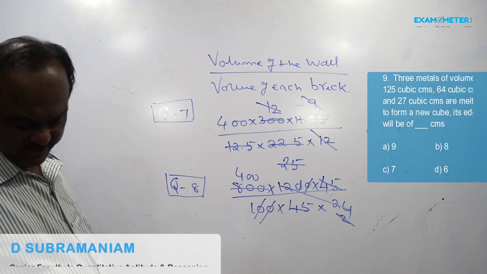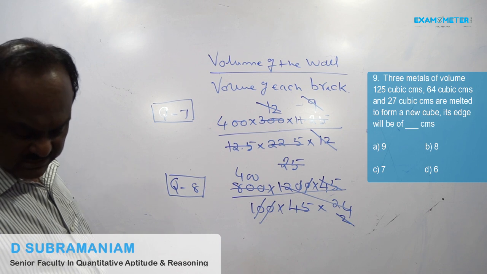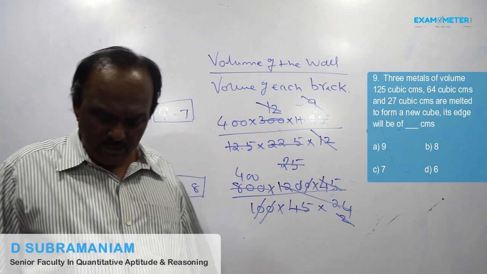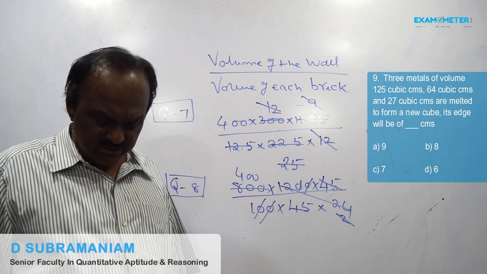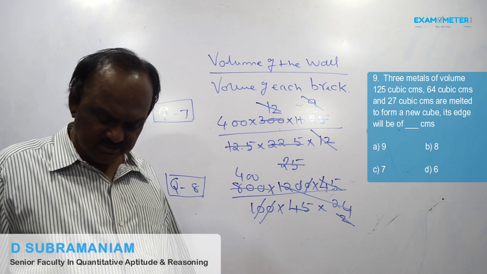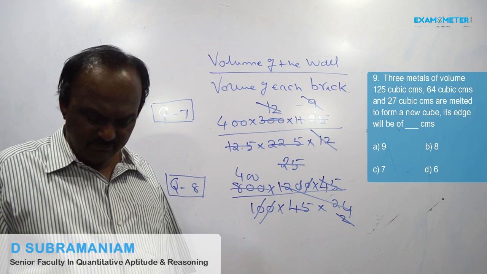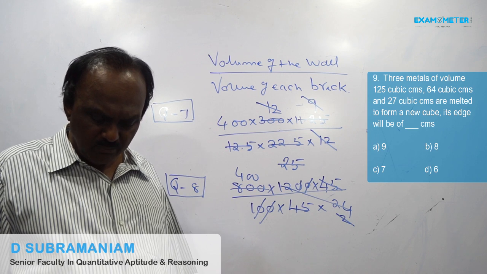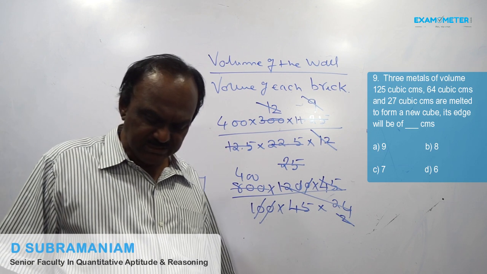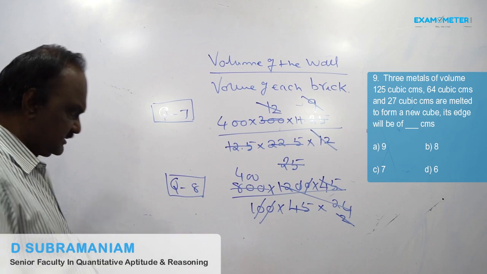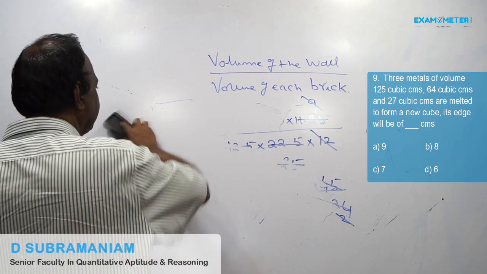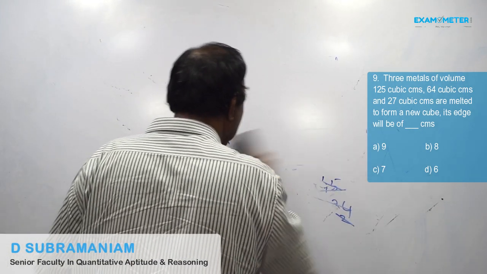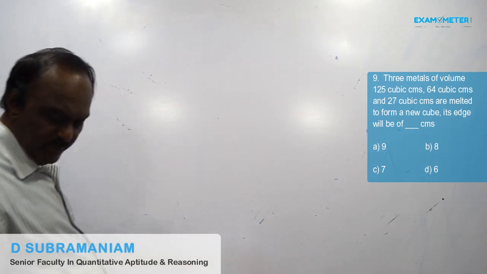Question number 9. 3 metals of volume 125 cubic centimeters, 64 cubic centimeters and 27 cubic centimeters are melted to form a new cube. Its edge will be of how many centimeters? So write down edge of the new cube.